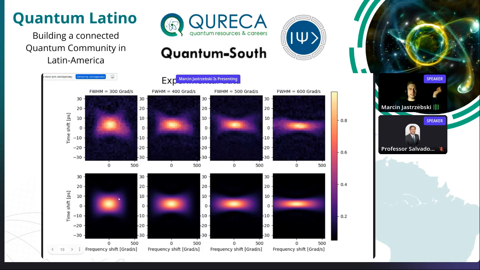You can also see it in simulation, and it turns out that we are able to cut our pulse in this 4F setup so precisely that it resembles more a square or rectangle rather than a Gaussian distribution.